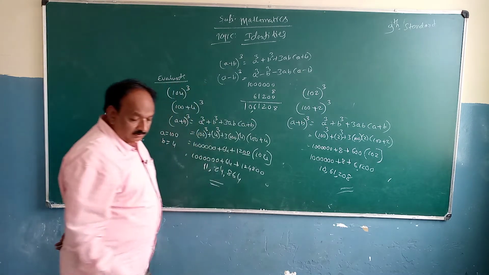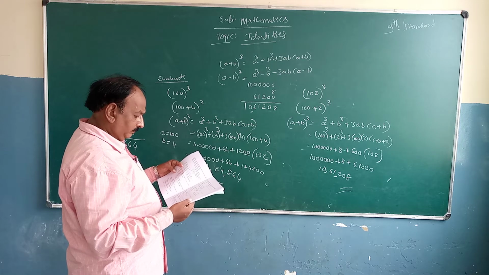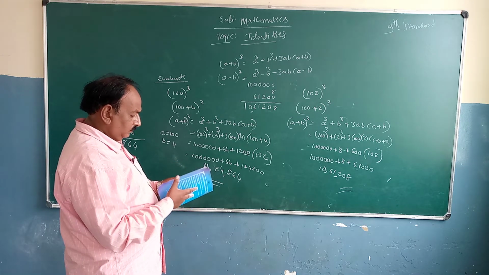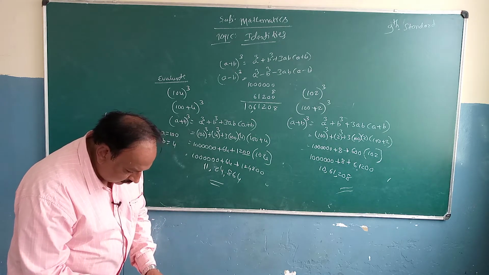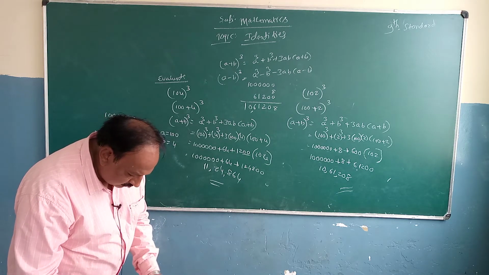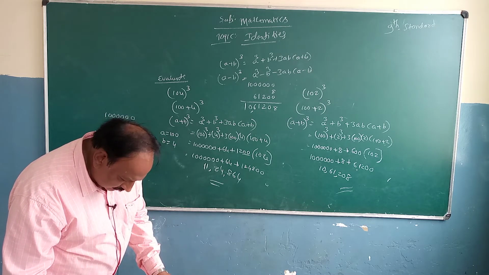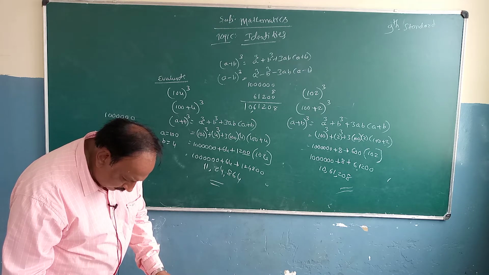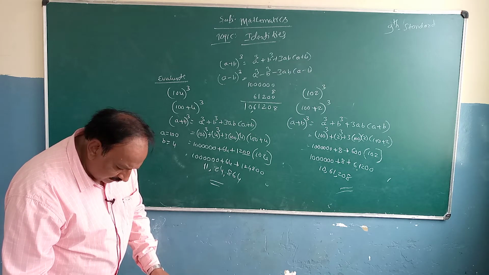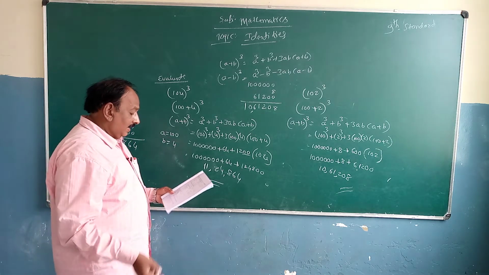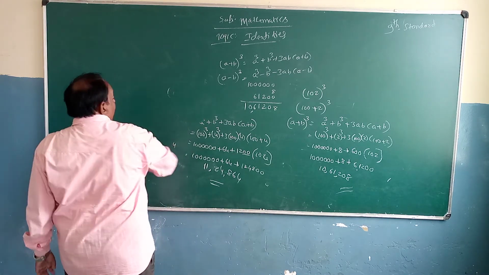The cube of 102 is equal to 10,61,208. Yes, correct. Next problem, we will pass on to the expansion of (a minus b) whole cube.